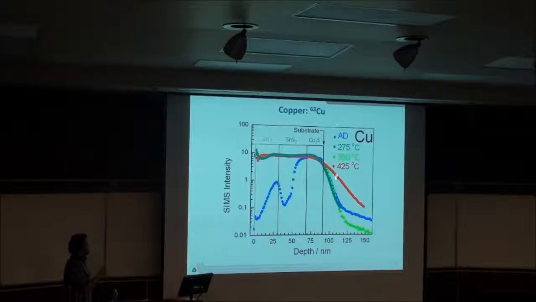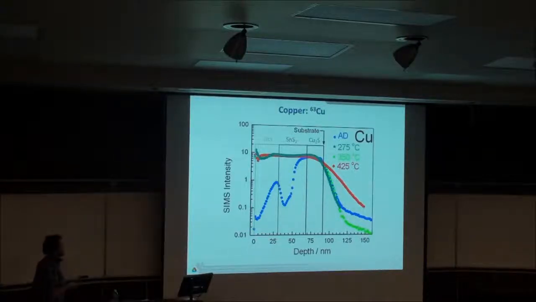And once we increase temperature, copper becomes more and more homogeneous. So this is the hottest temperature, and this is just a completely plain profile of copper. This plot is SIMS intensity, which is just the integral over copper peak 63 versus depth when we sputter.